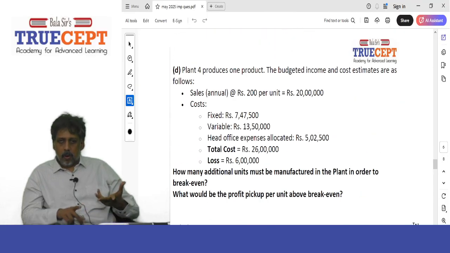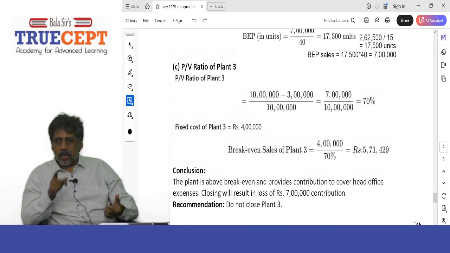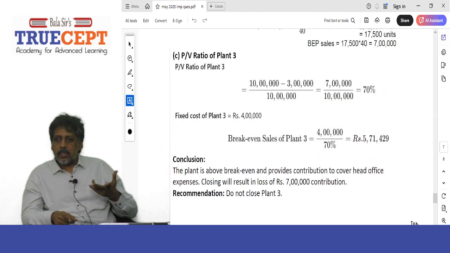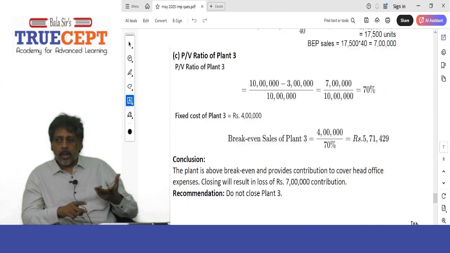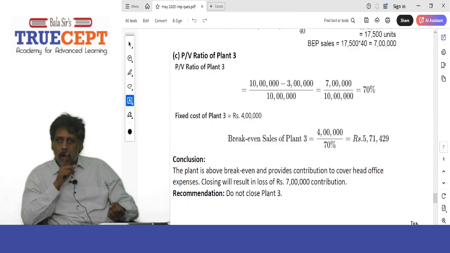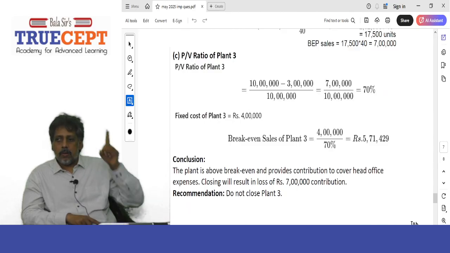First of all, you can go ahead and calculate the PV ratio and the break-even sales that is needed, without considering the allocated head office expense. Now we know 10 lakh is the sales and 3 lakh is the variable cost, so 7 lakh is your contribution. 7 lakh upon 10 lakh into 100 is 70%, your PV ratio or contribution to sales ratio.